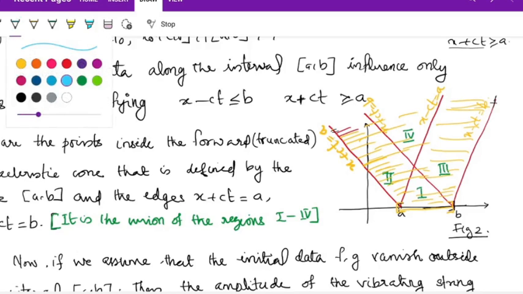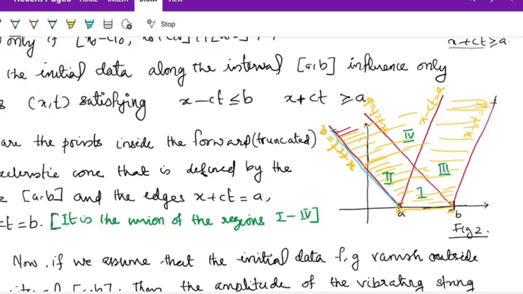So the region is defined by the characteristic lines x plus ct equal to a and x minus ct equal to b, and the base, the closed interval AB. So the region is inside this characteristic cone. That is, it is the union of the four regions which are explained, numbered 1 to 4. So the region of influence is the set of all points in the union of these regions 1 to 4.